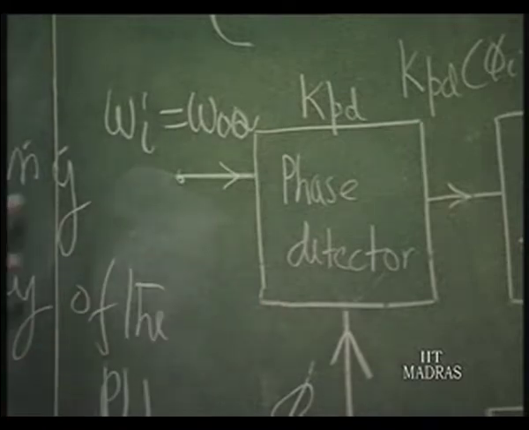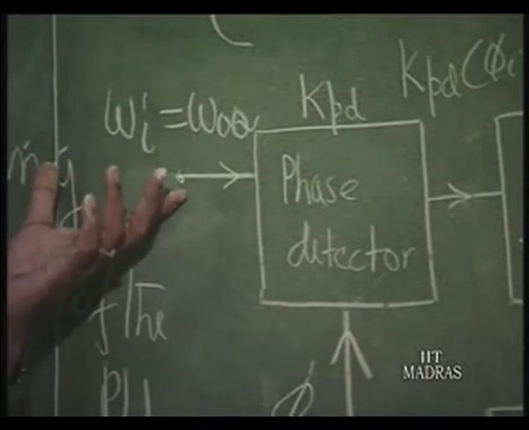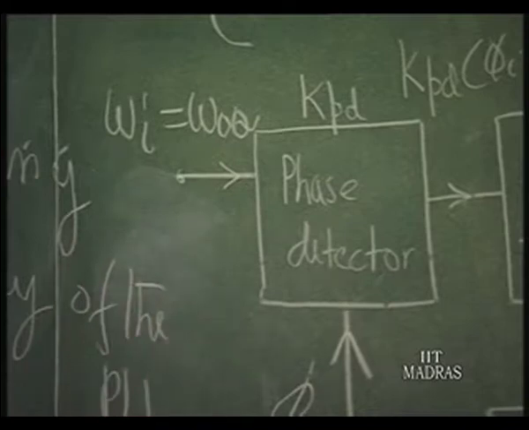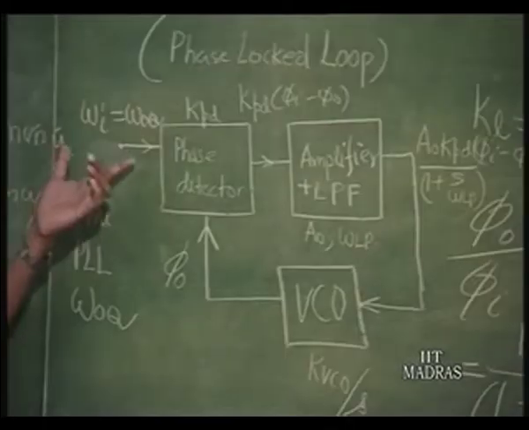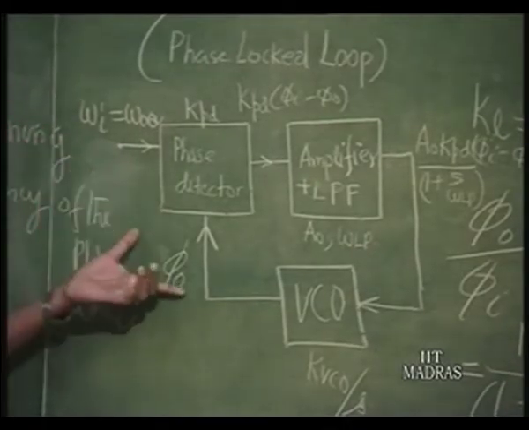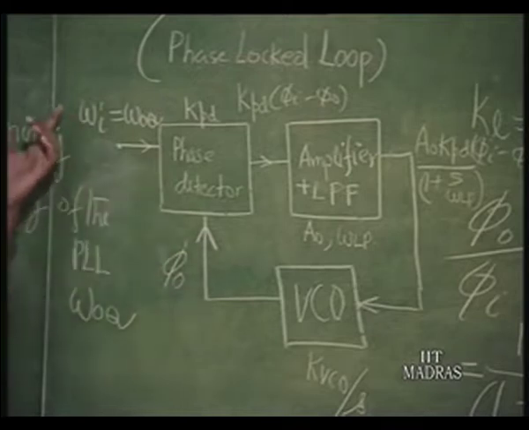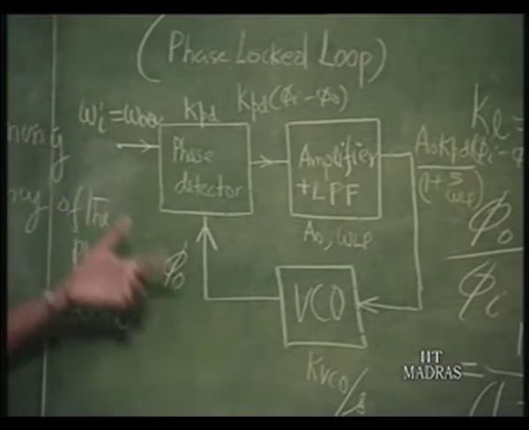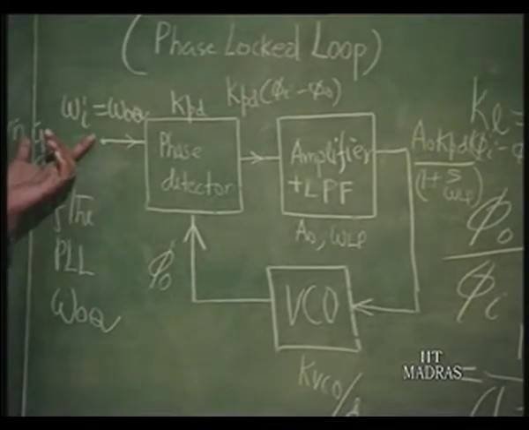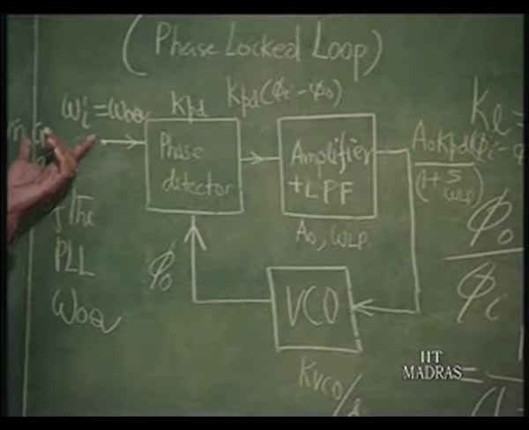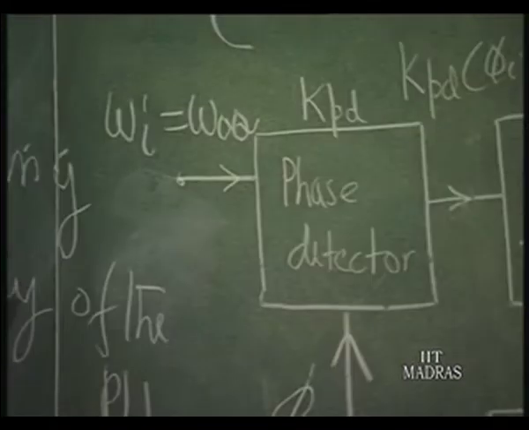I am going to apply an input frequency which is the same as the free running frequency of the phase lock loop. We have already established earlier that output frequency has to be equal to the input frequency, but here what I am doing is that the free running frequency is the frequency that I am applying. I just want to see how the phase lock loop now functions, right.